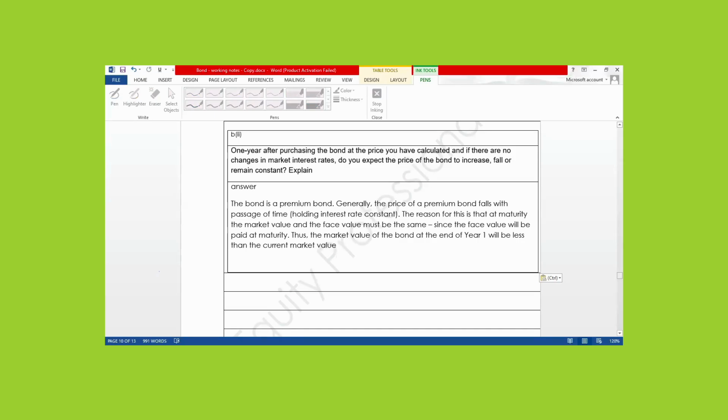As the bond approaches maturity, its price will fall, holding interest rate constant.